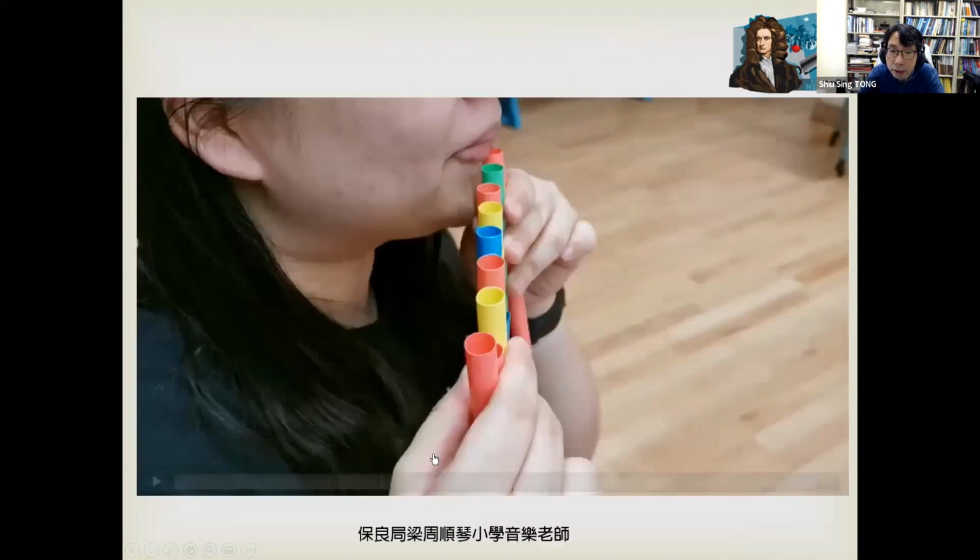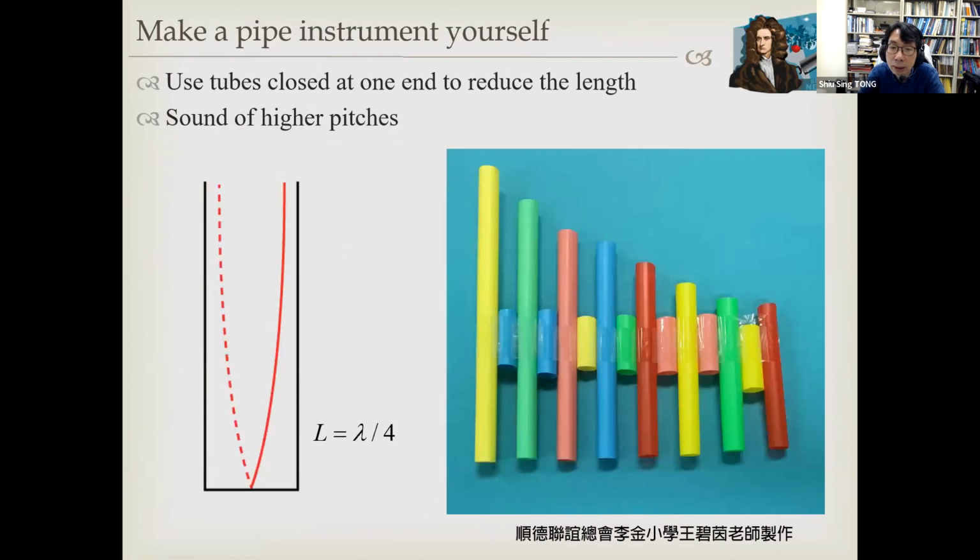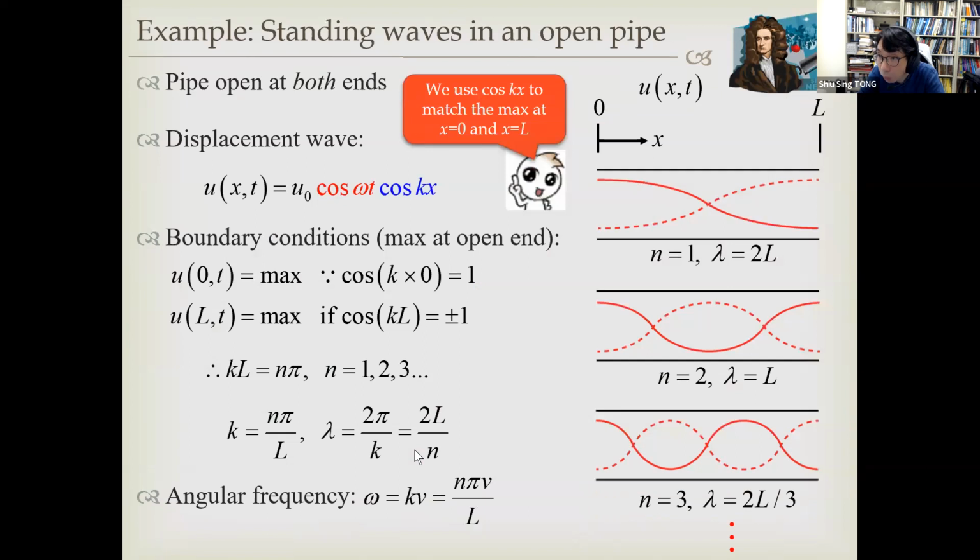Now this is exactly the same result as in the previous case. Okay, lambda is 2L over n. But we just derived it more rigorously using the boundary condition. And the corresponding angular frequency will then be equal to kv. Now the k is n pi over L, so the angular frequency is n pi v over L as before.